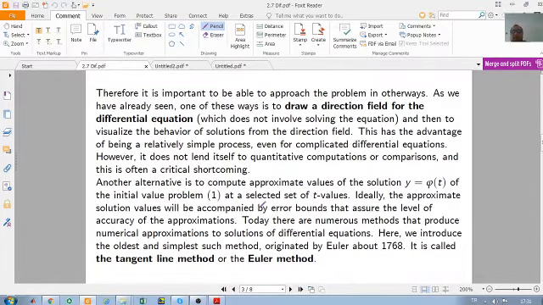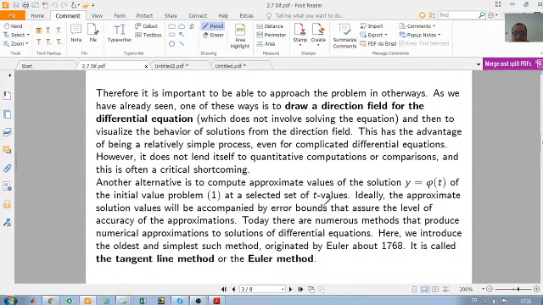When we consider a direction field, we cannot see directly an approximate value for the solution function. Therefore, we consider another alternative. It is to compute approximate values of the solution y equals phi of t of the initial value problem at a selected set of t values.